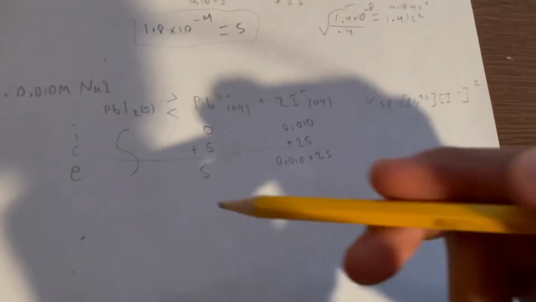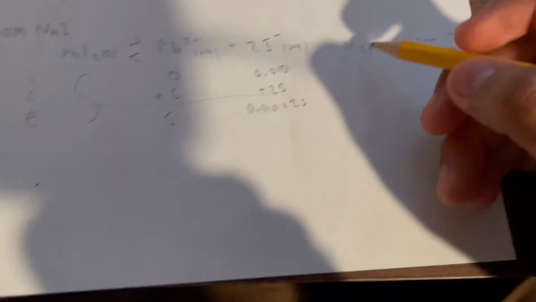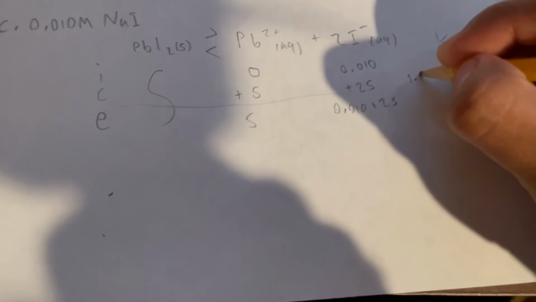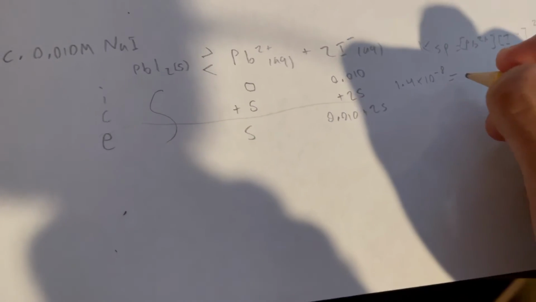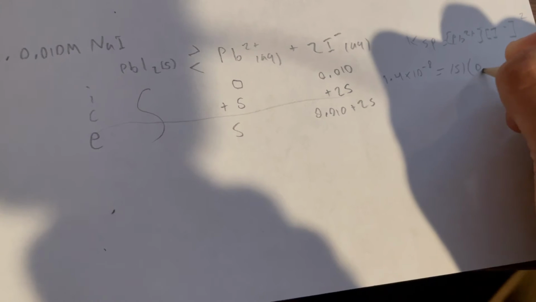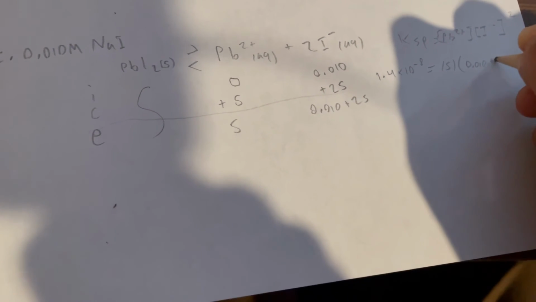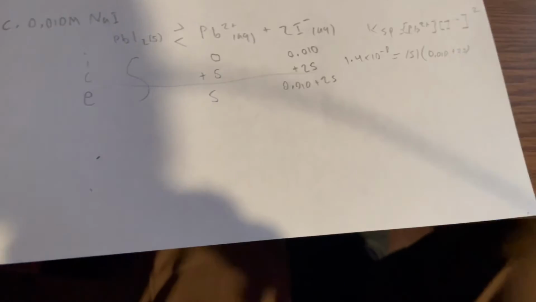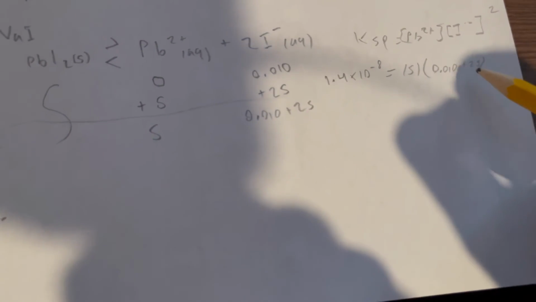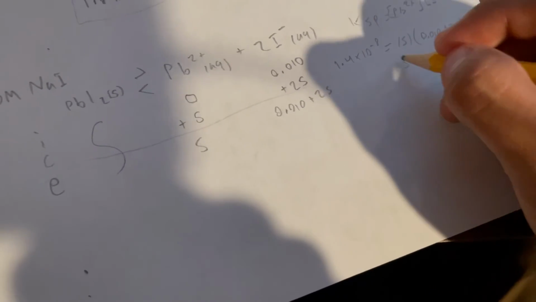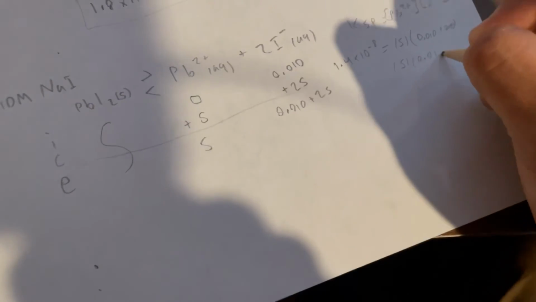And we repeat the process again. Now, we're going to plug all of these into this equation over here. So our Ksp, which is 1.4 times 10 to the negative 8, is equal to S times 0.010 plus 2S. And again, we can make another assumption here, because since this will be too small to affect it anyways, we can remove this 2S over here, and we'll be left with S times 0.010.